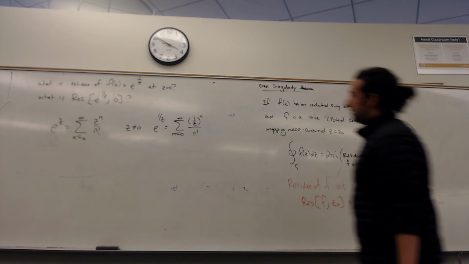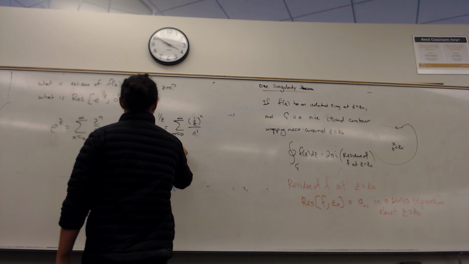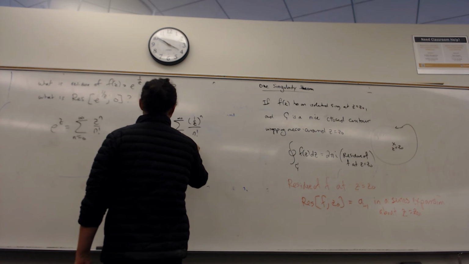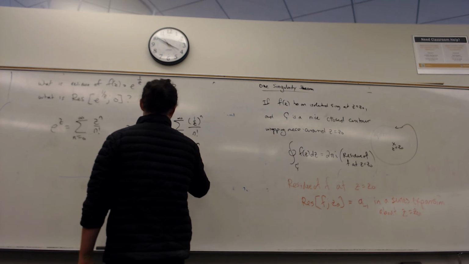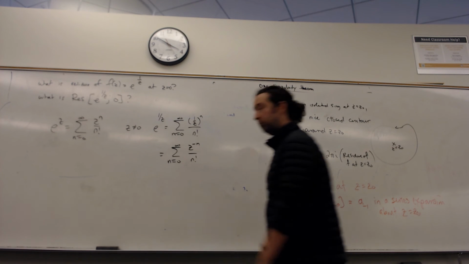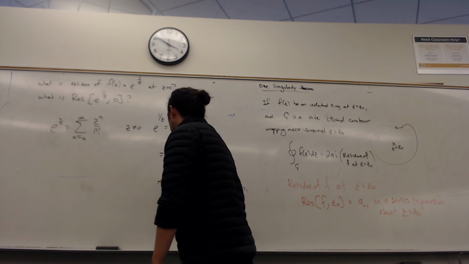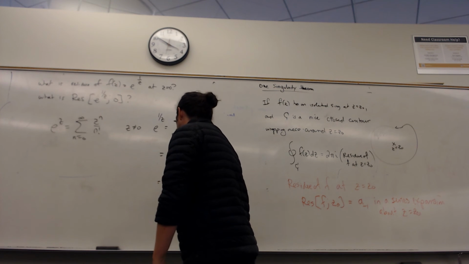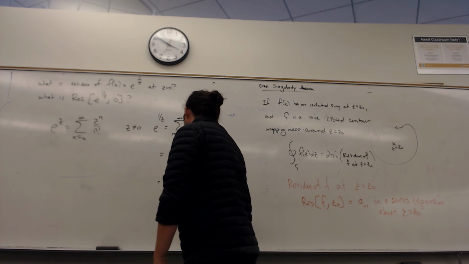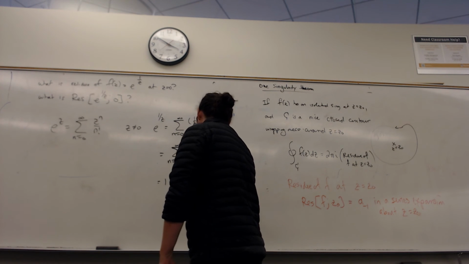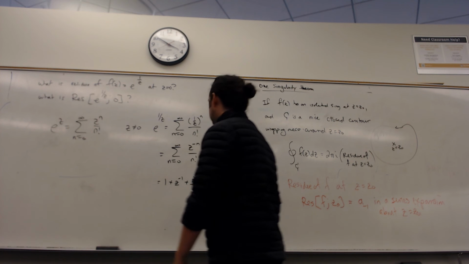And if I finish walking this through, this is going to look like the sum from n equals 0 to infinity of z to the minus n over n factorial. If you write that series out, you get 1 plus z to the minus 1 plus z to the minus 2 over 2 factorial plus z to the minus 3 over 3 factorial, and so on.